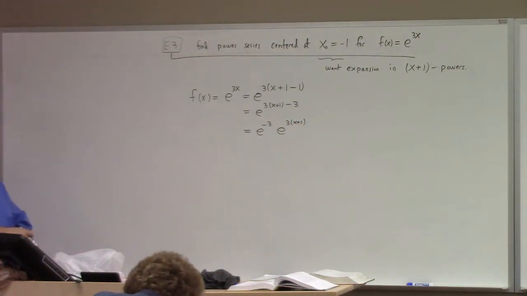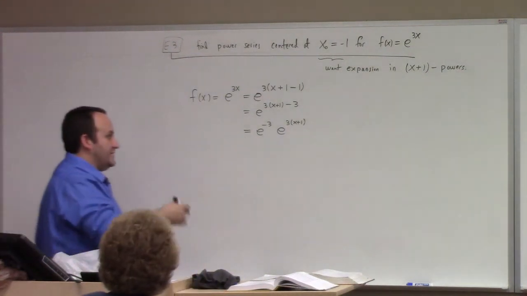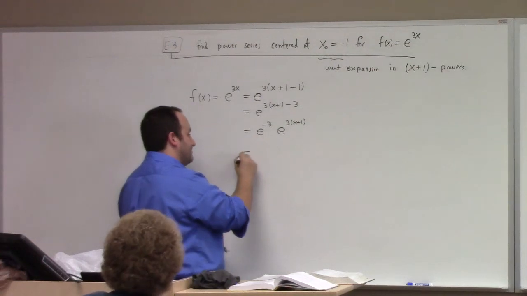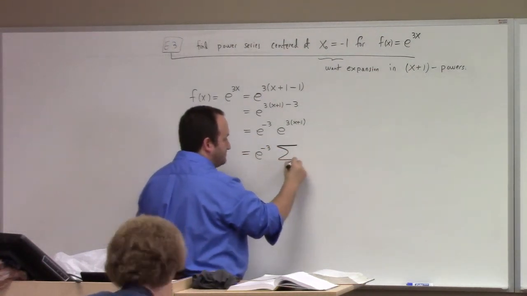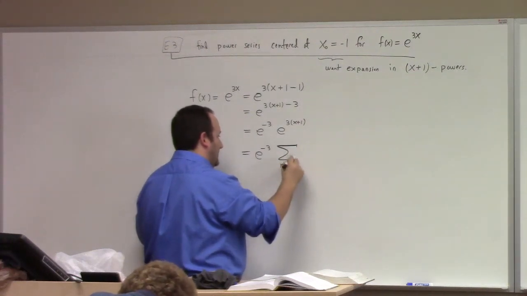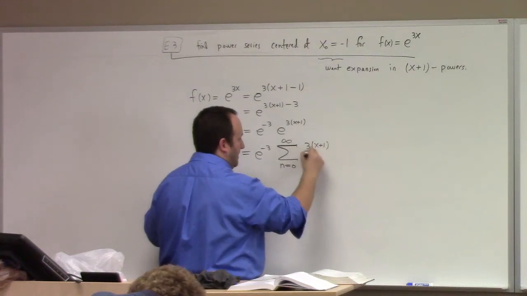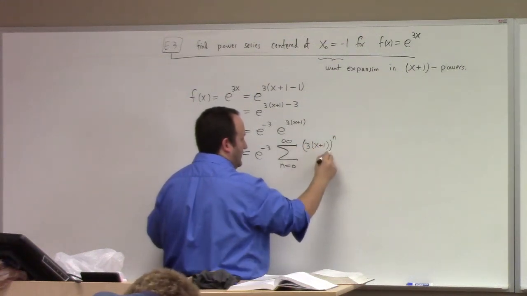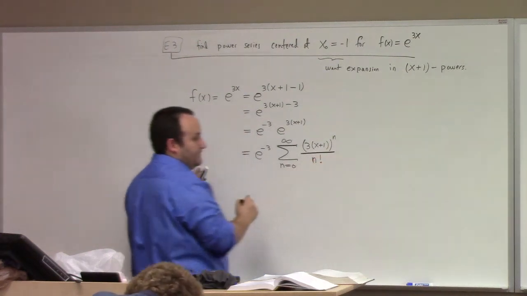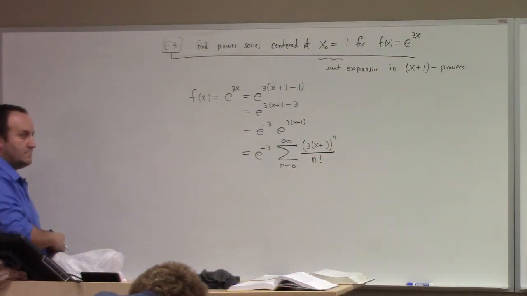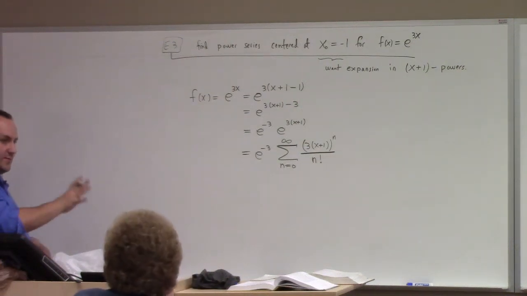And then I fall back on my known Maclaurin expansion, the known power series expansion for the exponential. That's the sum, n equals 0 to infinity, of 3 times x plus 1, all to the nth power, divided by n factorial. Now, it's almost a power series, almost.